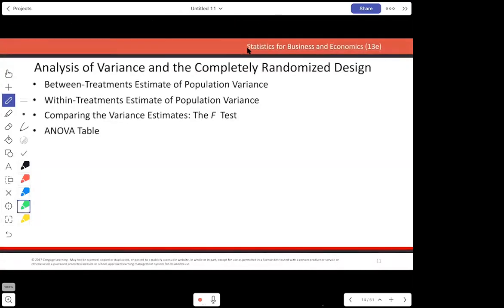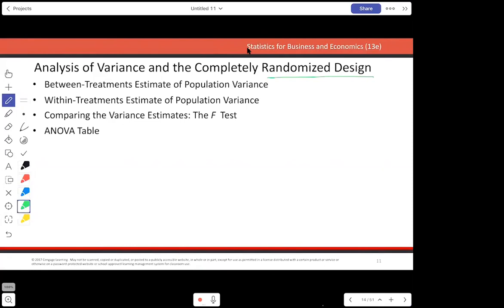So here are some terms. Analysis of variance and completely randomized design. Why we say completely randomized design is because the samples that are exposed to each treatment are completely random. They're not the same people. So the people who took the marketing exam are not necessarily the same people who took the finance exam, nor the very same people who took the econ exam, and so on. So we call it completely randomized design. Okay?